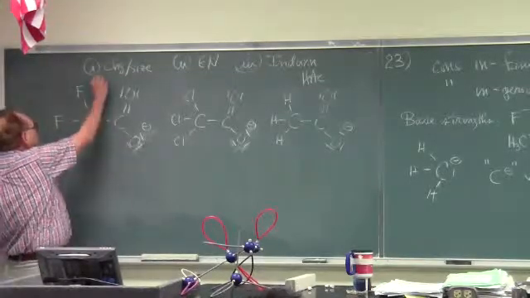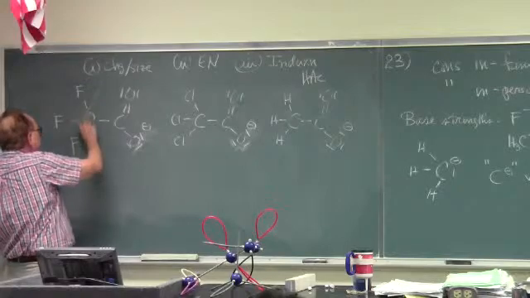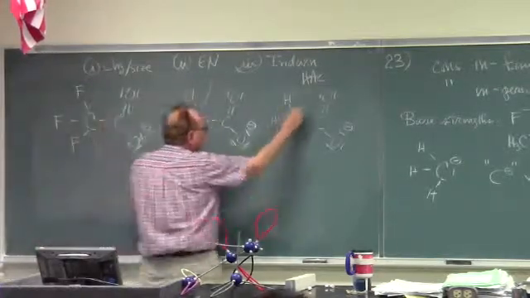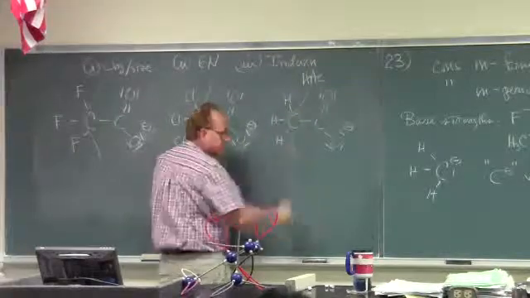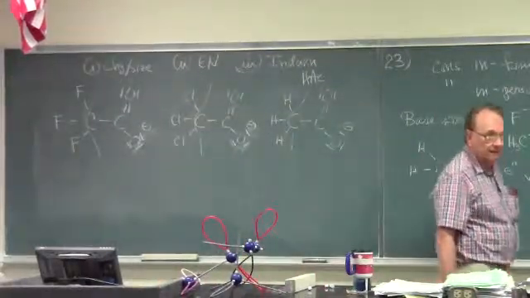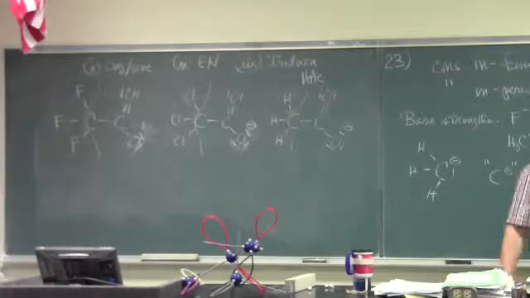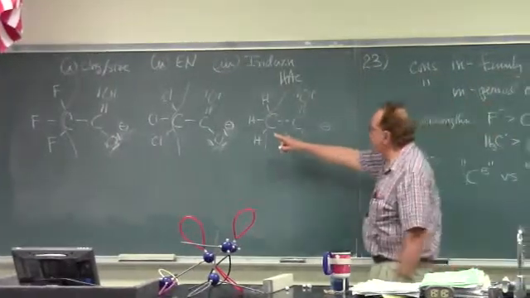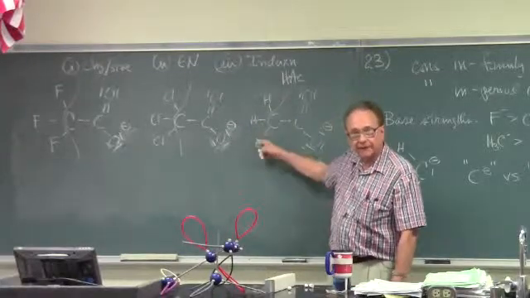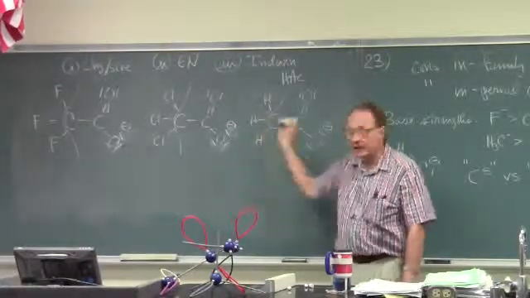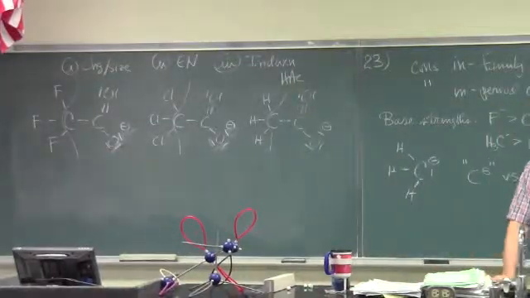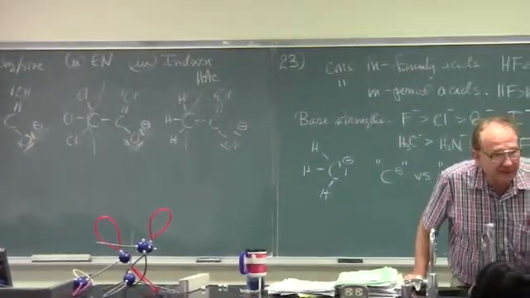Well, look at each of these anions from this standpoint. How do they compare? If we don't pay attention to the peripheral atoms which are connected to this carbon atom, how do these bases compare compositionally and structurally? They're exactly the same, aren't they?